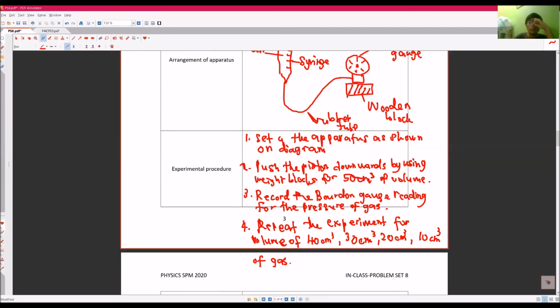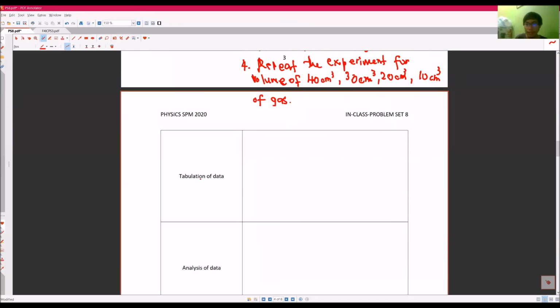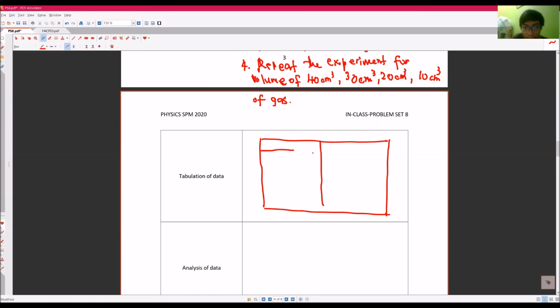Okay, tabulation of data. Make sure you write it very neatly and using a ruler. Label the title: volume, centimeter cube, pressure, Pascal.